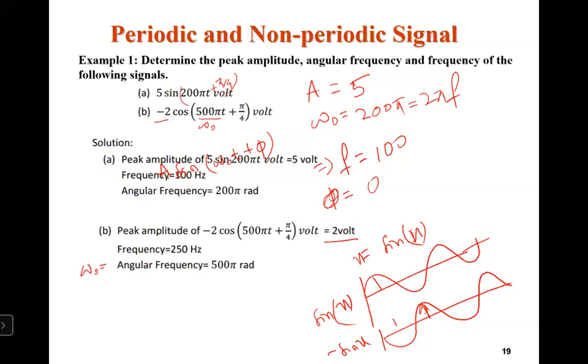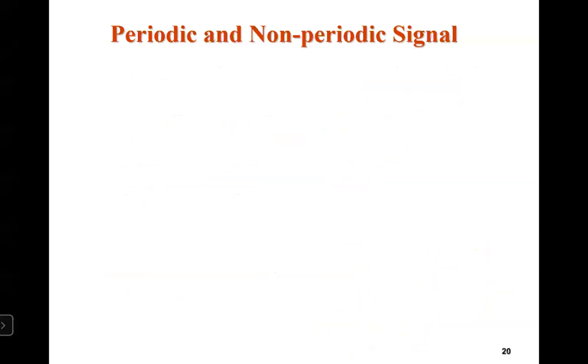In the second example, what is the phase? Pi by 4. Yes, pi by 4. So omega 0 equals 2 pi f, and you can calculate f equal to 250 hertz. Okay, I think I'll stop here.